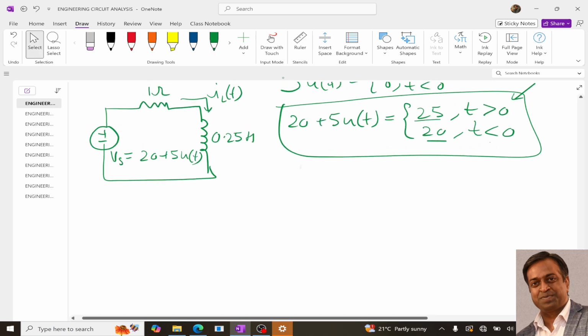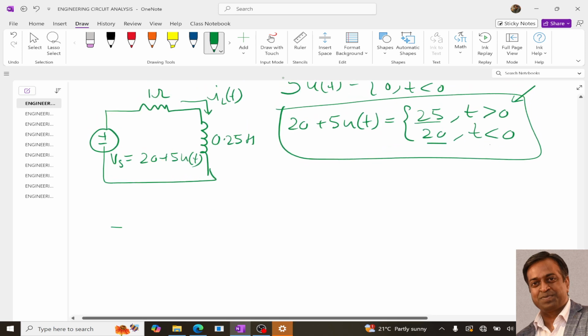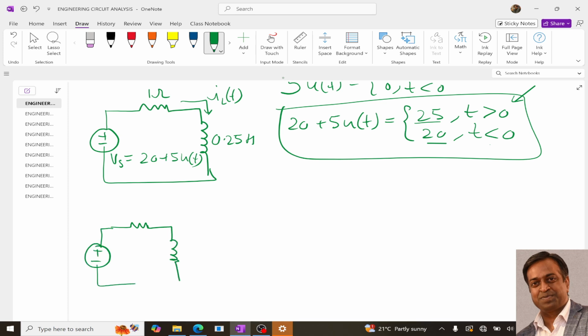So we will have two circuits. One circuit will be this: 0.25 H, 1 ohm, this is IL(t), and this is 20 volt, at t less than 0.